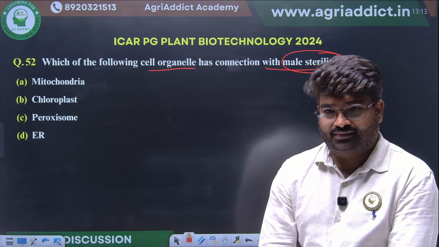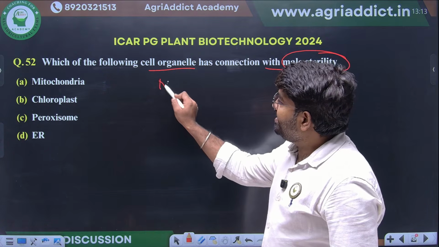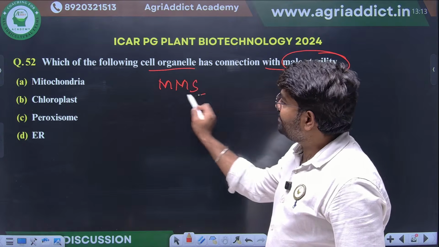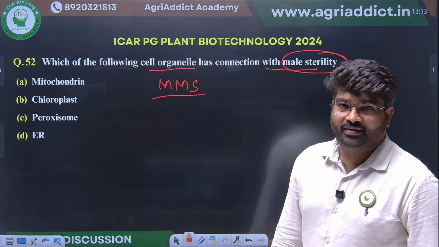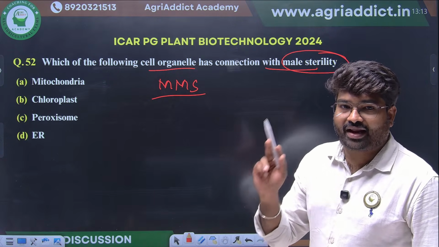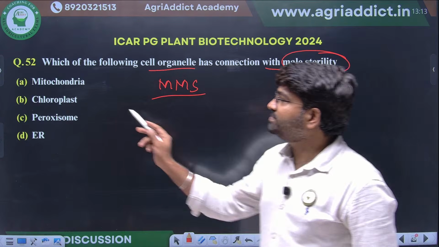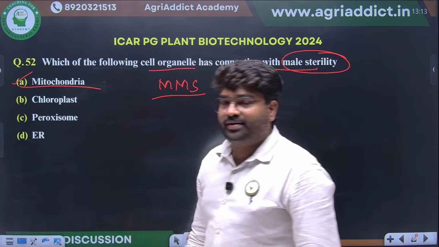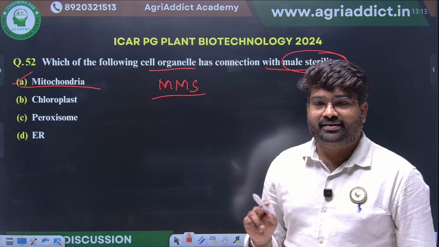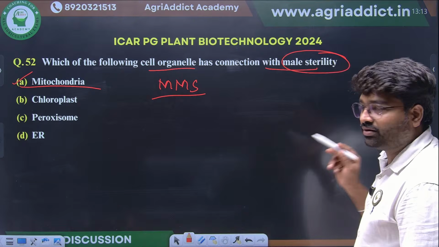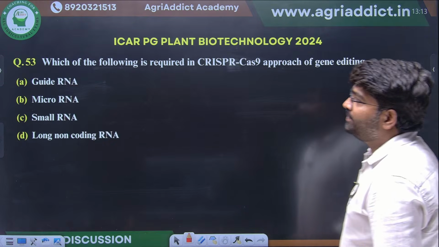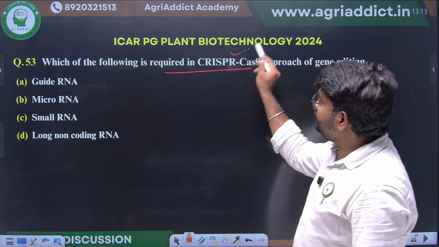Any guesses? Mitochondrial male sterility. You just remember MMS. Okay. Mitochondria is the primary organelle. If some defect happens, that will lead to male sterility. Okay. This is another important thing. Mitochondrial male sterility. Okay. This I know. This you all will answer.